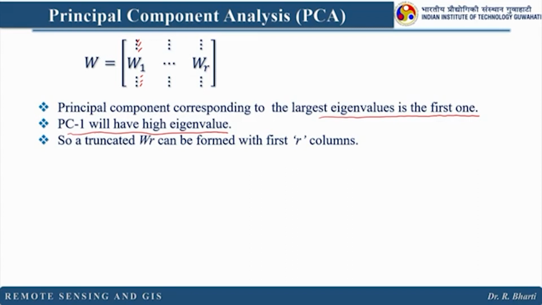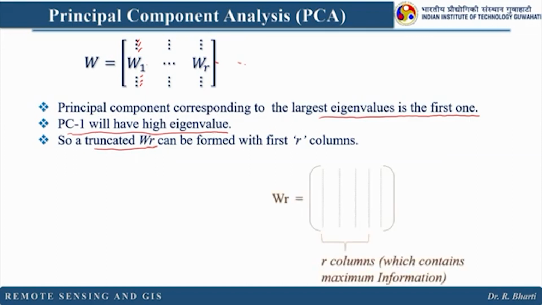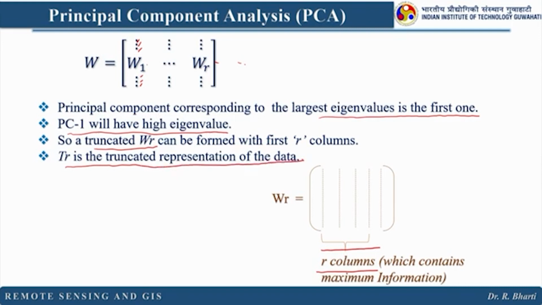Now there is one more concept called truncated WR. That means you want to reduce the number of outputs in the output data. So once you have this W starting from W1 to, let us say, Wn, but you want only WR in the output, this is the WR, and these are the R columns of the WR matrix, and TR is the truncated representation of the data.